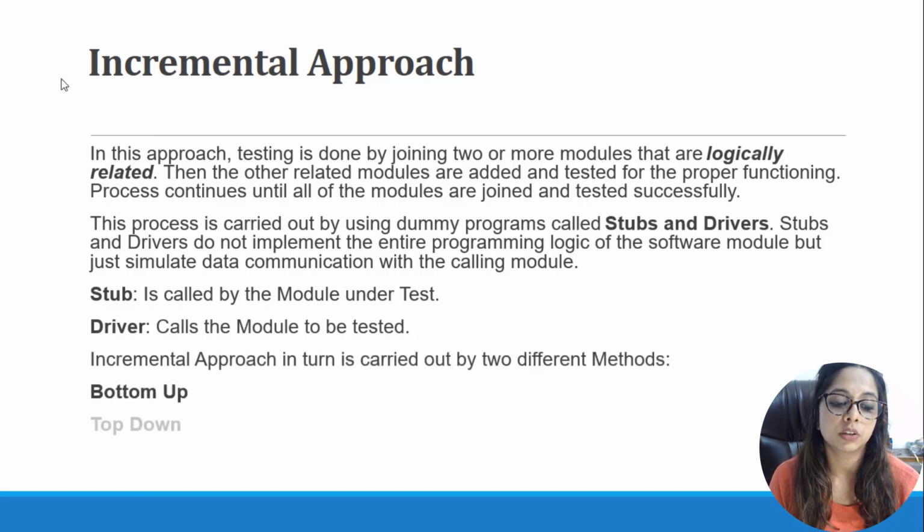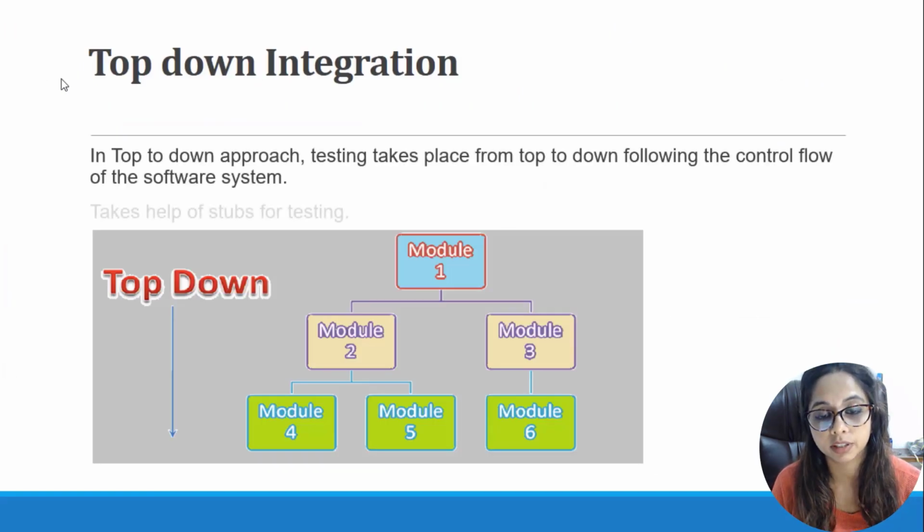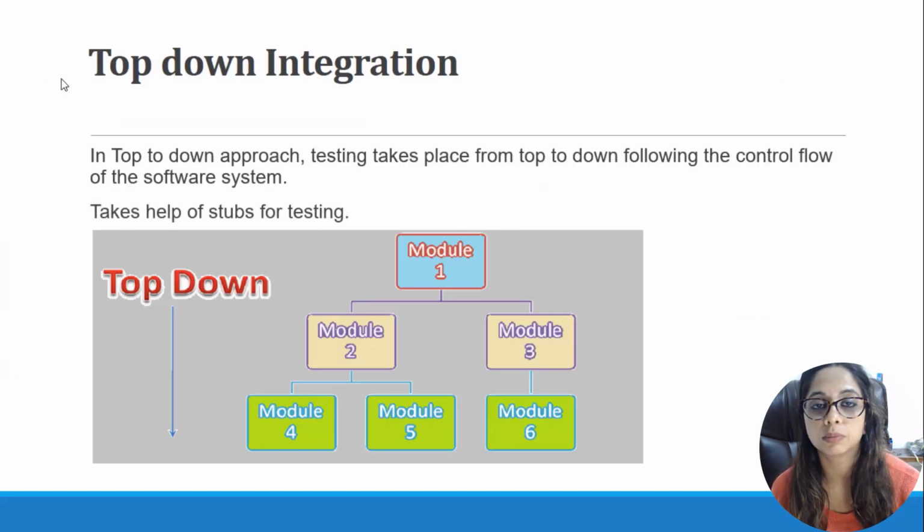So herein we are using two programs, stubs and drivers, and they are helping us do this testing. In top to down we are having the higher modules ready with us. We don't have the lower modules ready. So what we do, we use programs which are called stubs. They'll be helping us act as the lower modules, and they'll help us perform the actions of the lower modules, and we'll be able to do the testing.